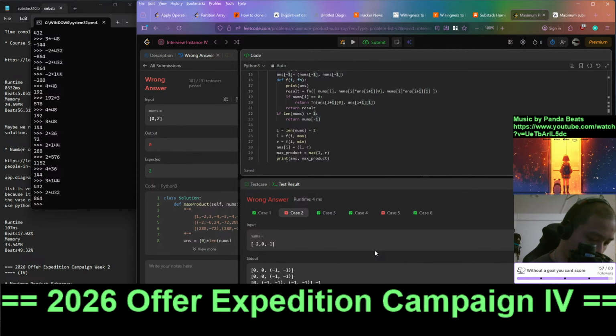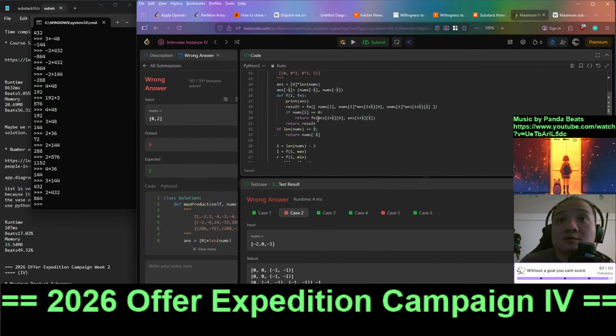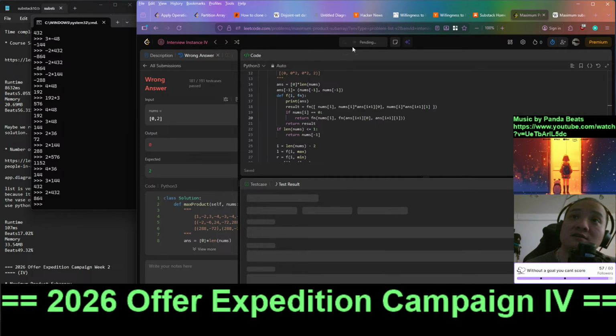But if we say that it is 0, then we also pick this, right? Gotta apply the function on nums[I] as well, because in case those other two give us like stuff, right?